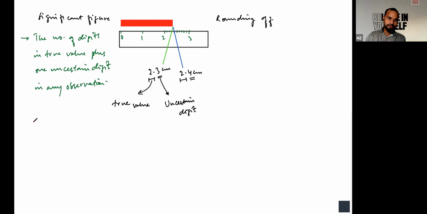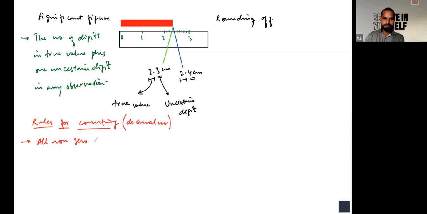Now we have certain rules regarding calculation of significant figures. Rules for counting the number of significant figures. I'm defining all of decimal numbers first. First, all non-zero digits are significant.